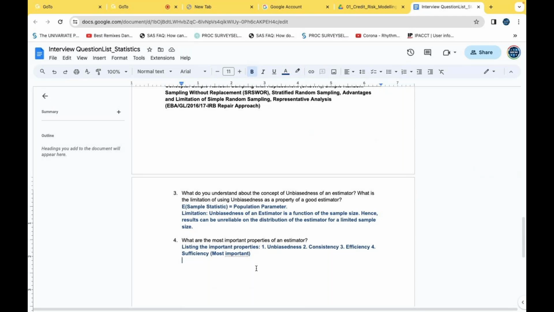So that's how this is formulated, right? That is the reason why, listing the most important properties of an estimator: unbiasedness, consistency, efficiency, sufficiency.